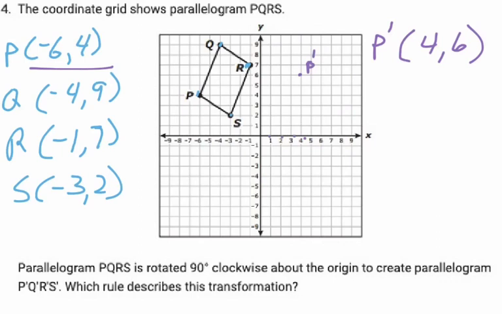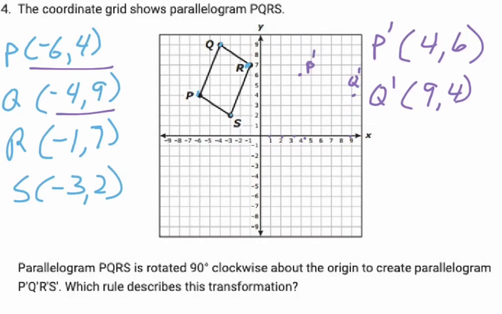All right, let's put the Q. The new Q, we're just going to flip it. Instead of negative 4, 9, it's going to go 9, 4. So I'm going to go all the way over to 9, which is right there. I'm going to go 1, 2, 3, 4, and the new Q is going to be right there.